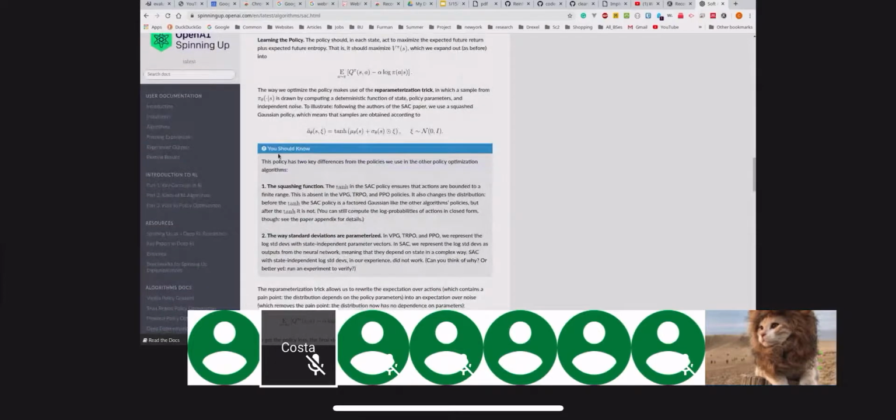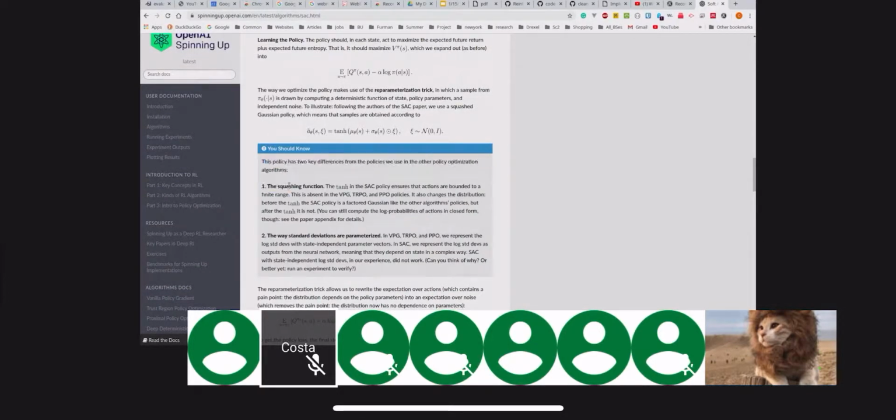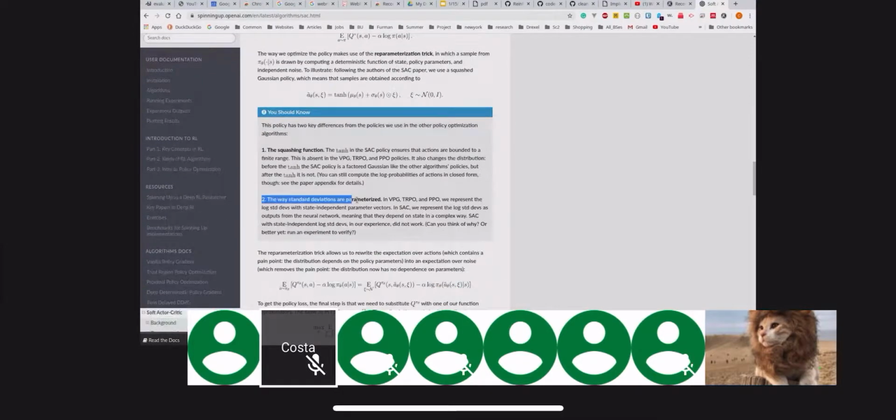Here, if you look at the policy, first of all, they use tanh, and the way they calculate the log probability is also a little bit different. Also, the way standard deviations are parameterized. In VPG, TRPO, PPO, we represent the log standard deviation.